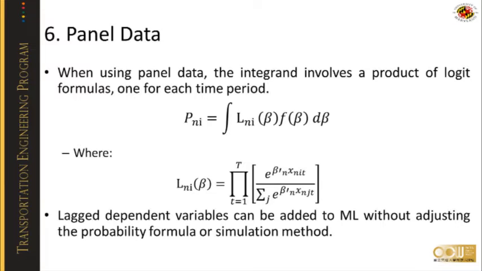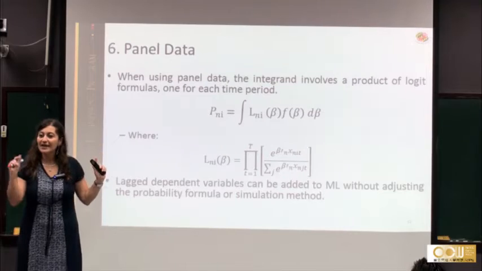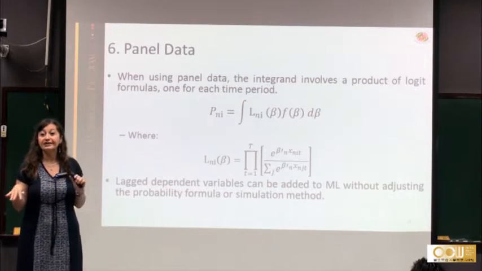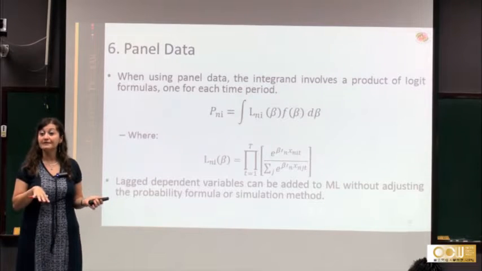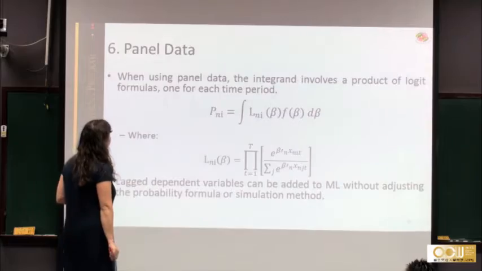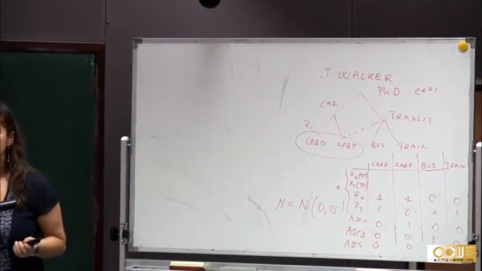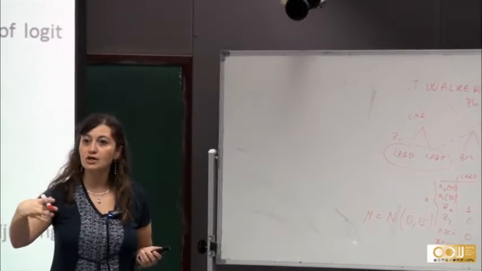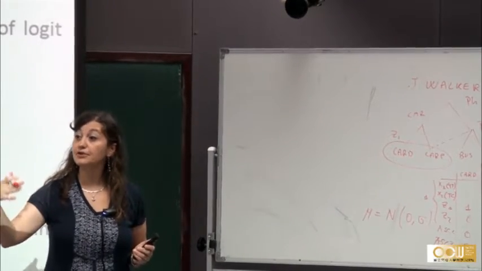Panel data. So this is also very important because this is kind of the easiest way I know to handle panel data. And I will show you the difference between the panel data that we have seen estimated with probit and panel data estimated with mixed logit. So what happens in panel data? When we have panel data, we observe a number of choices over a certain period of time.